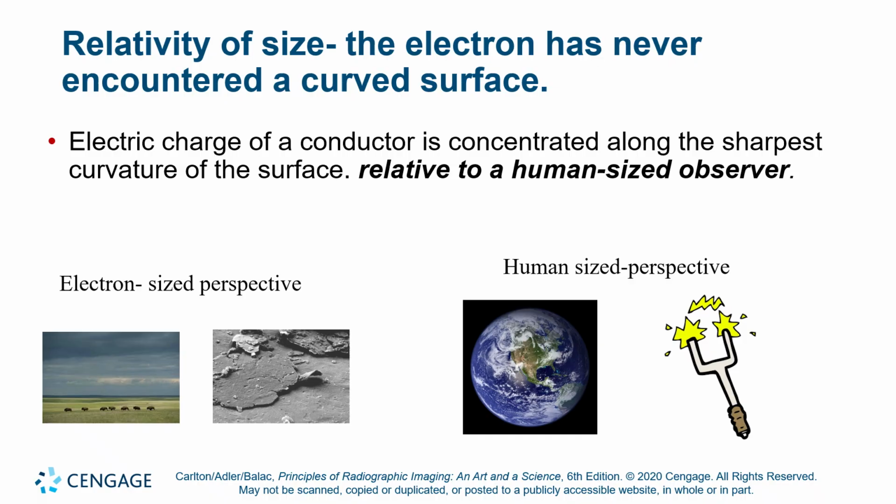So this will break your brain. The electron has never experienced, if the electron had like a personality and had consciousness, it's never experienced a curved surface. No electron ever has encountered a curved surface.